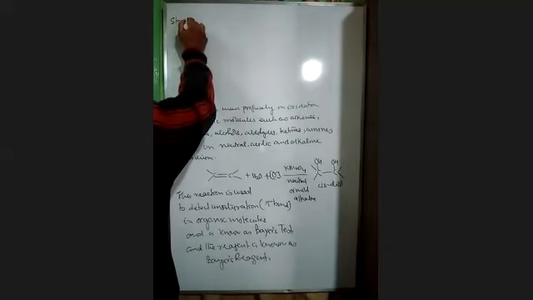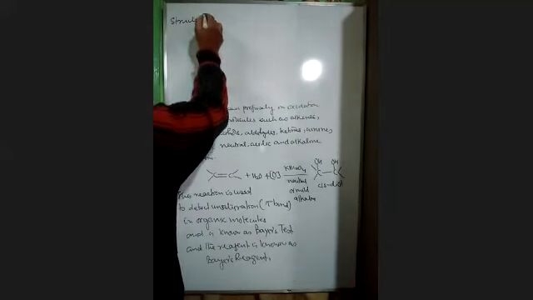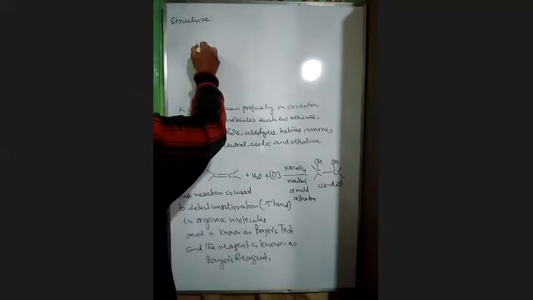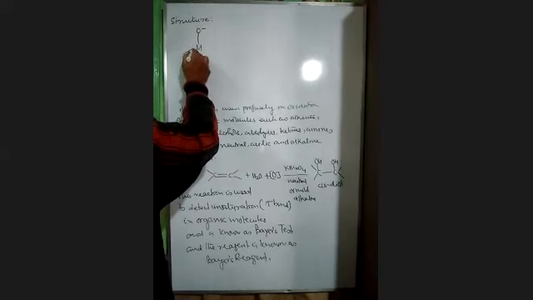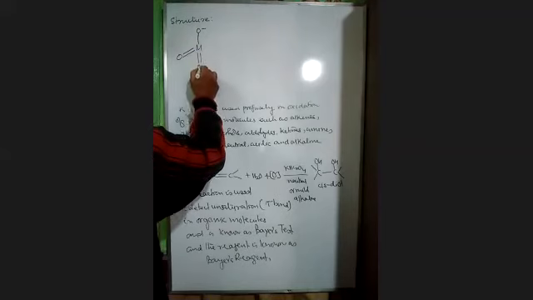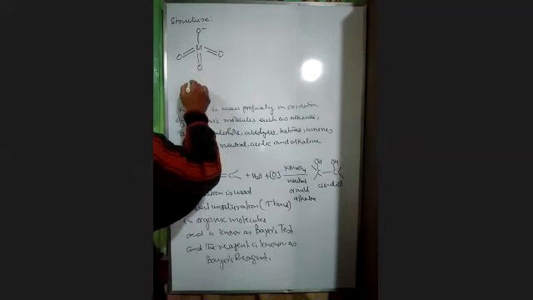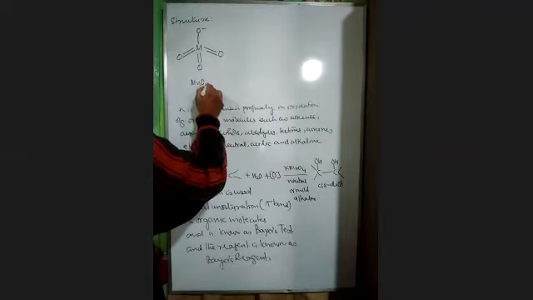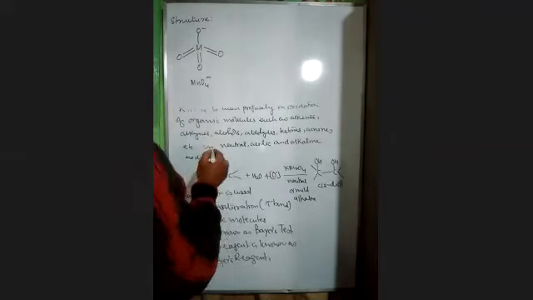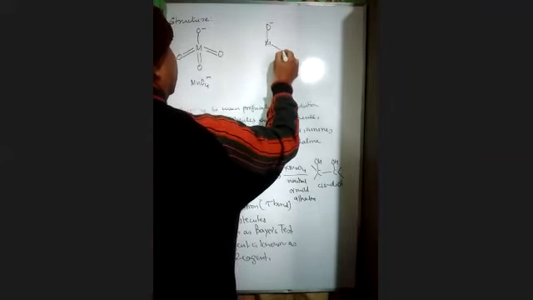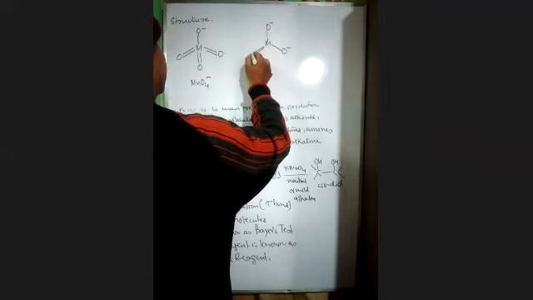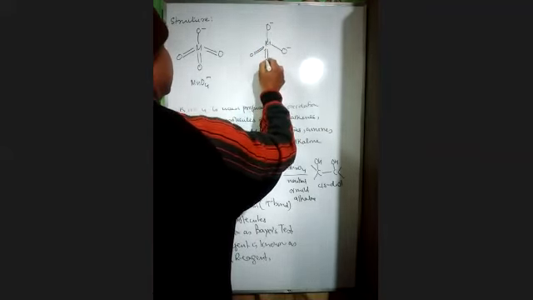Okay, now structure. See here. This is for permanganate ion. These are all tetrahedral in shape. This is manganate ion.